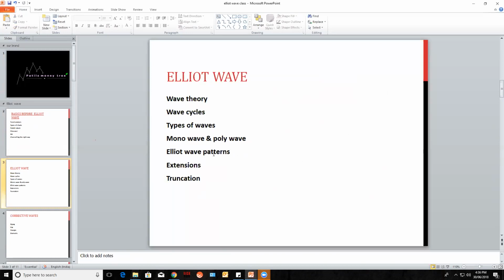We will just go shortly through an introduction to the ending diagonal and the leading diagonal. After that, while explaining the rules, we will go through it one more time. Those patterns are called Elliott wave patterns. After that, we will go for extensions and truncations.